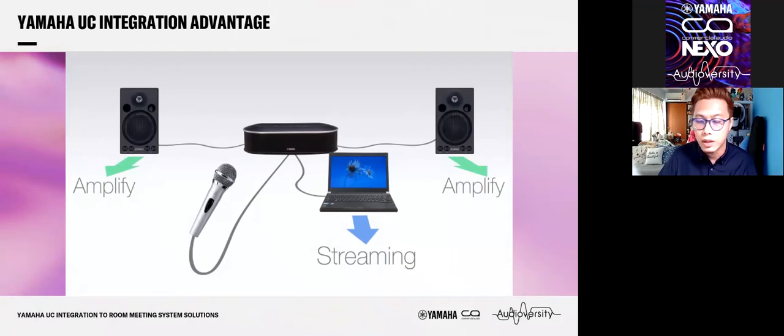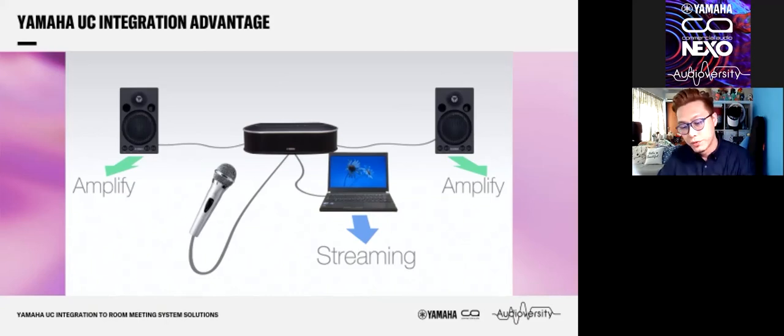You can use them because they are powered speakers. It's very easy because all you need is to connect an RCA cable over the Y cable, one to the left and right, and amplify the sound. You might be thinking there is a microphone over here. It's possible to connect a microphone to this YVC 1000. You can connect a handheld microphone.